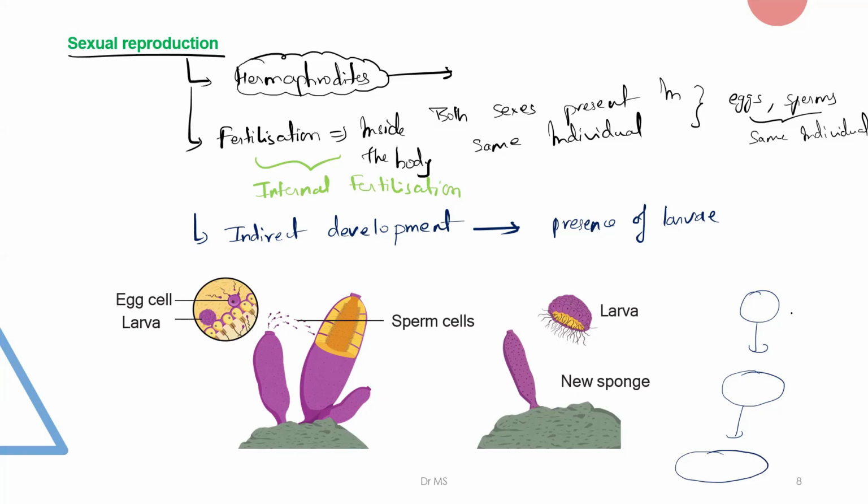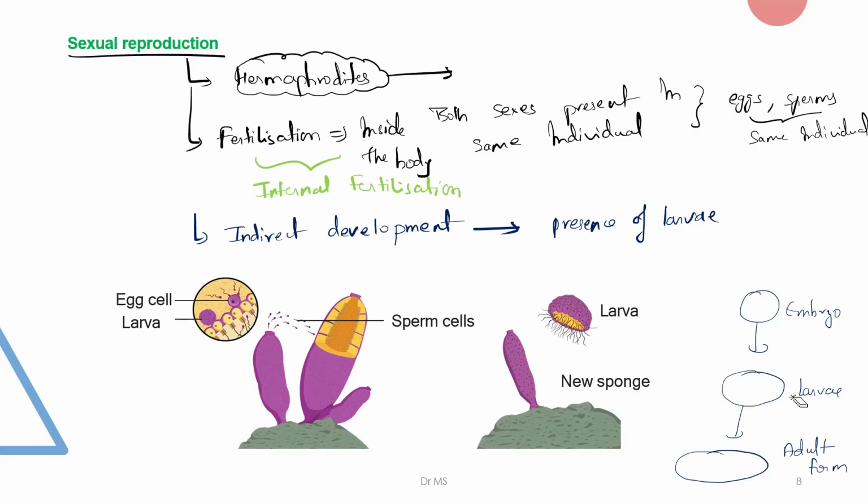So this is the embryo, this is the larva, and this is the adult form. If you see the adult form and the larva, they are structurally completely different. This complete variation between the young form and the adult form, we call indirect development.